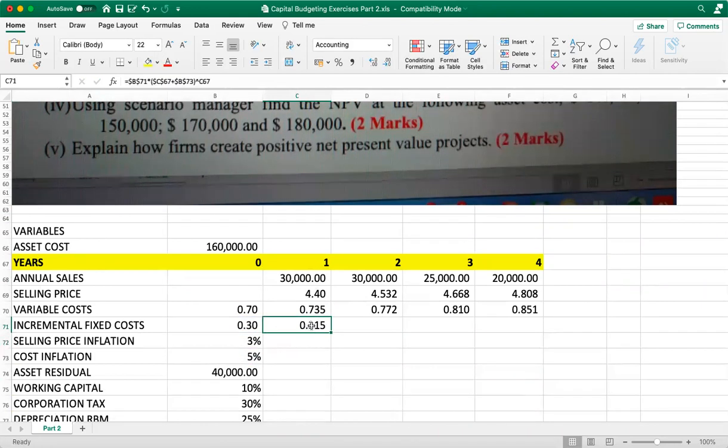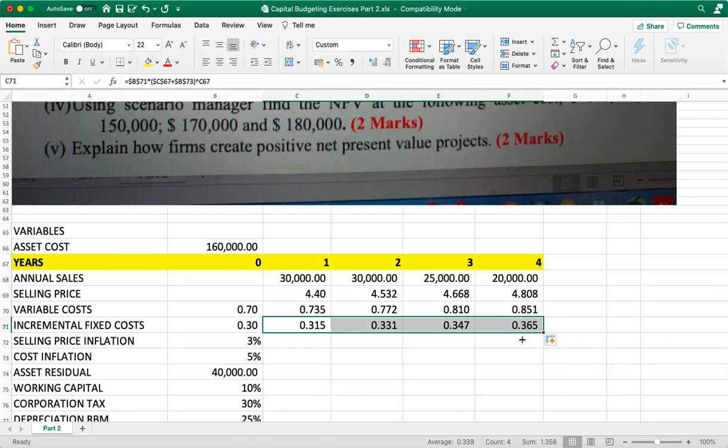So we now have our incremental fixed costs. So we've computed two crucial numbers, the selling price and the costs per unit.